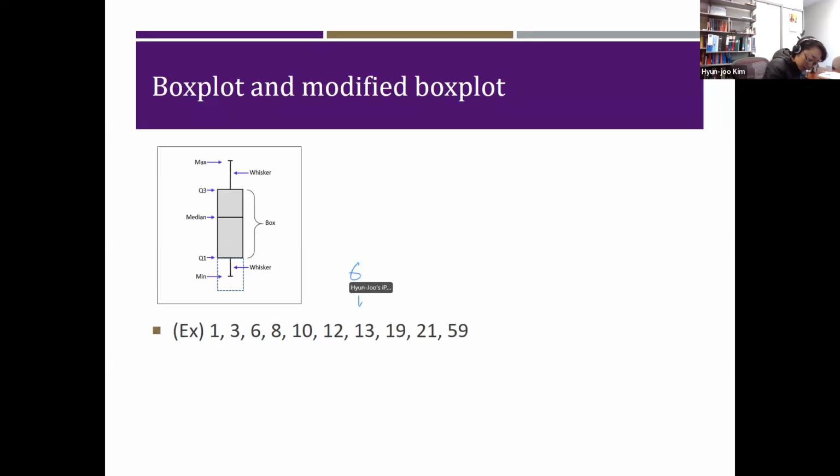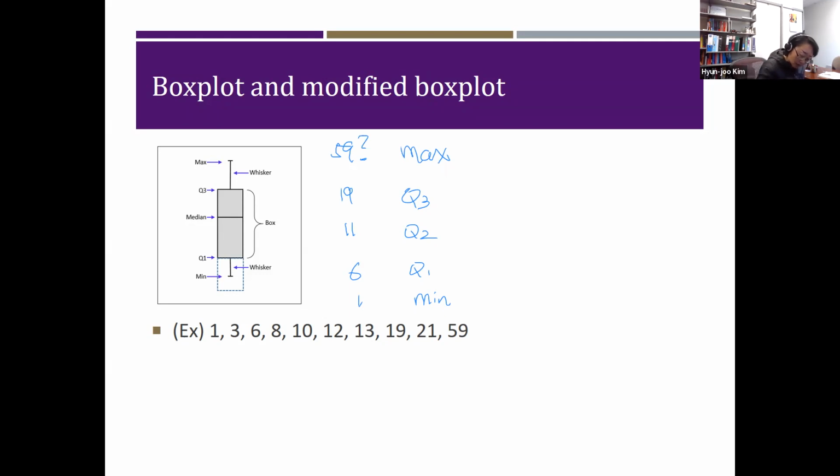So that was the minimum, Q1, Q2, Q3, and maximum. Okay, once more, we wonder, is this an outlier, right? Is 59 an outlier?